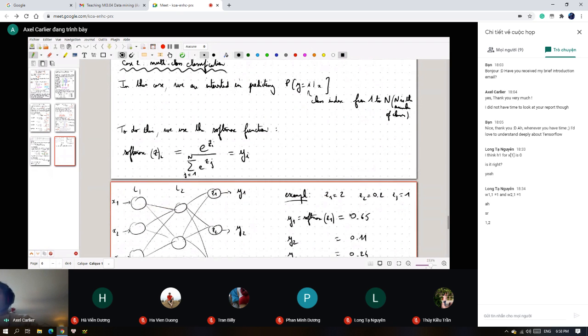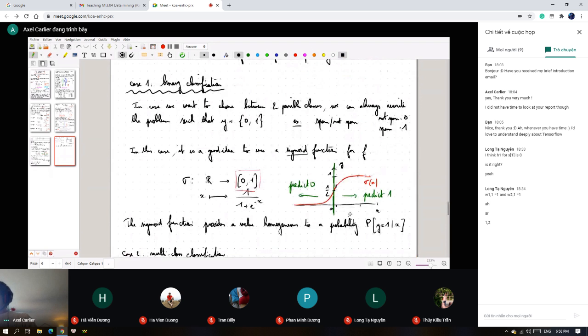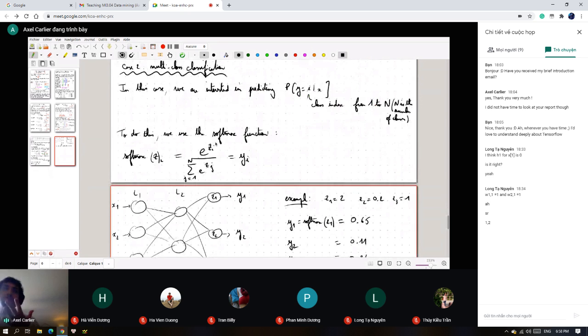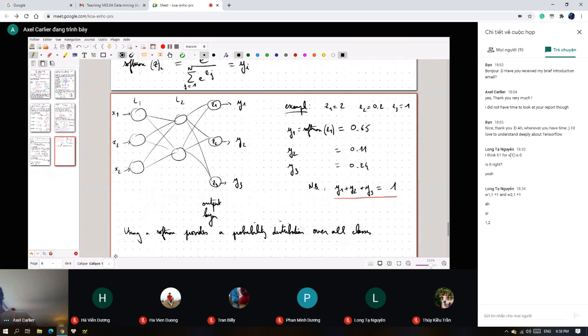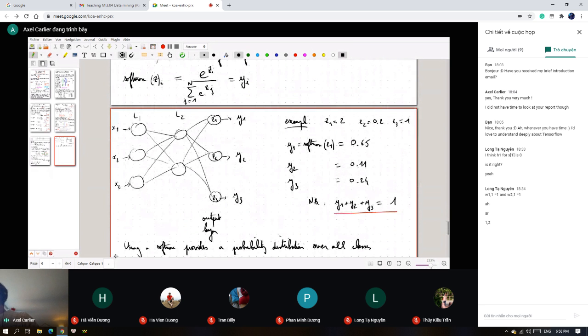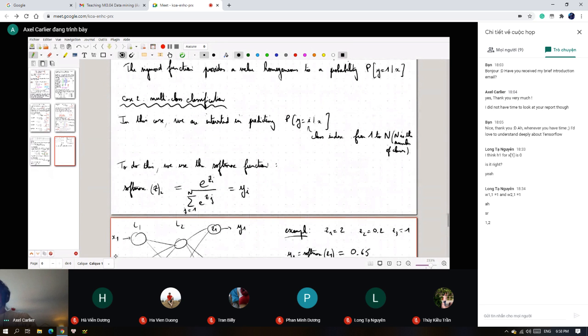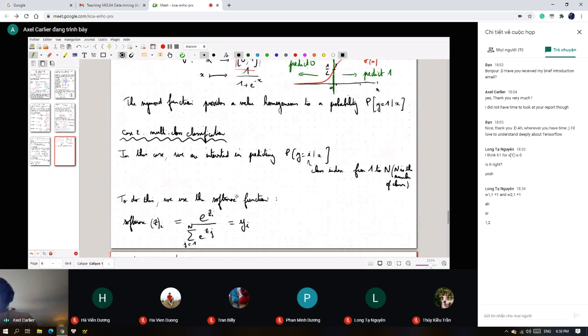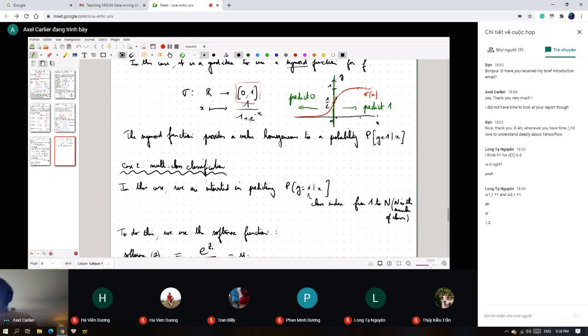So whether it's binary classification or multi-class classification, we use the sigmoid or softmax function, and the goal is to get something similar to probabilities. And you can also notice that if you have only two classes, softmax becomes equivalent to the sigmoid.